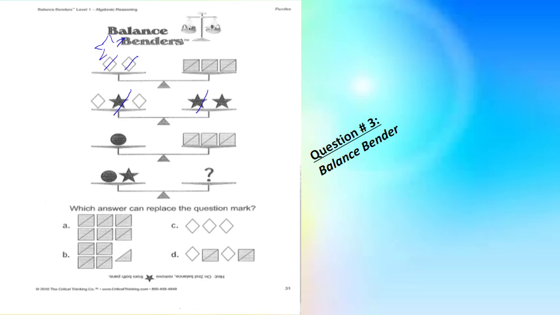Okay. Now on the last balance, what do we do? The circle will be replaced with 3 squares and the stars will be replaced. So which choice? Choice A is the correct choice.